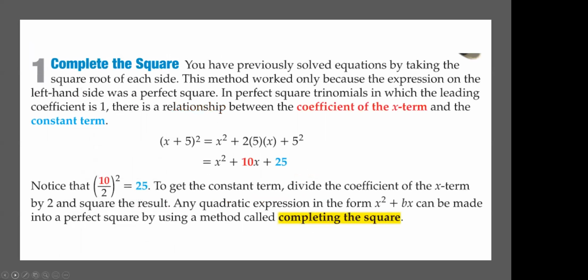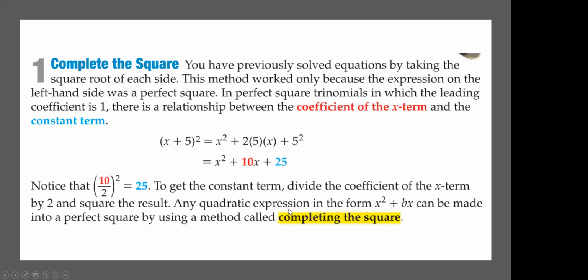All right. The next section talks about completing the square. This is when you have a perfect square trinomial in which the leading coefficient is 1, and there's a relationship between the coefficient of the x term and the constant term. So you take the value of b divided by 2 and square it, and then you add that to both sides.